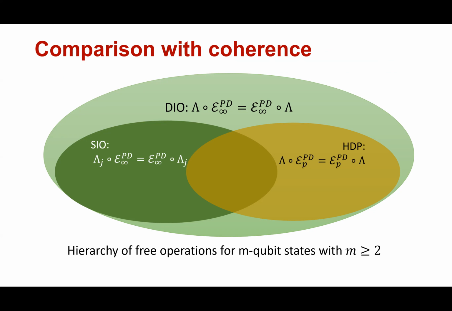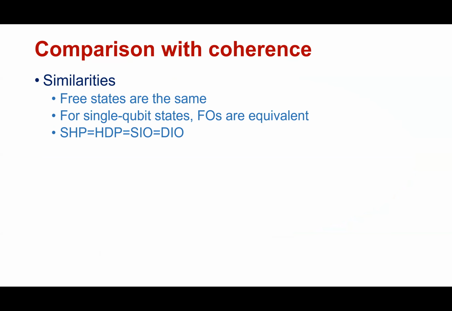So HDP is a strict subset of DIO, and our second type of free operation lies in this intersection. We prove this scheme by giving examples of states in each area. We can prove this for m-qubit states, and for single-qubit states, these operations collapse.